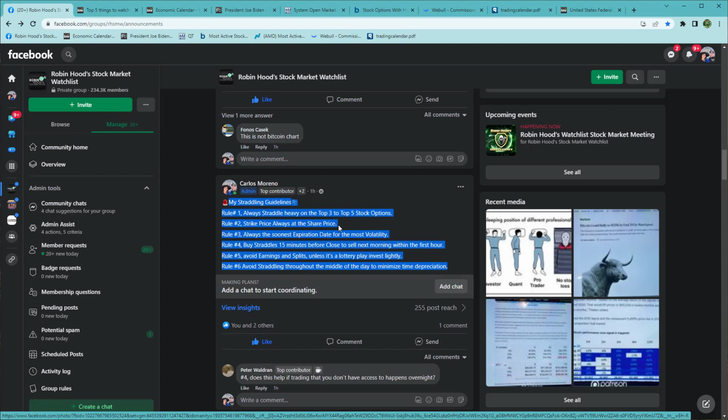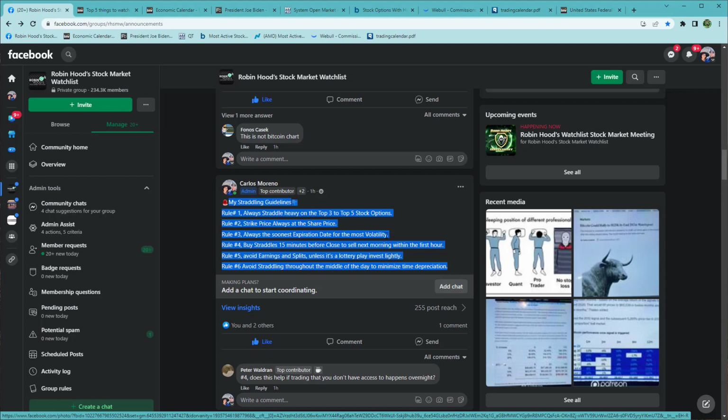If you pick a strike price right at the share price, it's going to maintain the value with little or no depreciation, because it's waiting to see what happens. So we want to maximize this strategy as much as possible for our benefit, and the way to do that is to have the least amount of time depreciation possible. So rule number 3, always the soonest expiration date for the most volatility.